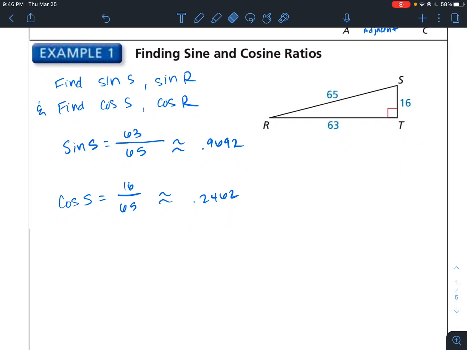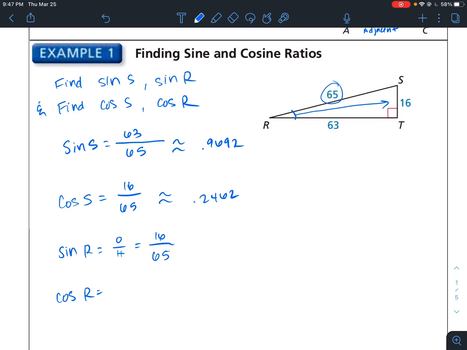Now let's look at angle R. Let's find the ratios for sine of R and cosine of R. Sine, again, is the opposite over the hypotenuse, so opposite to R is 16 over the hypotenuse, which is 65.